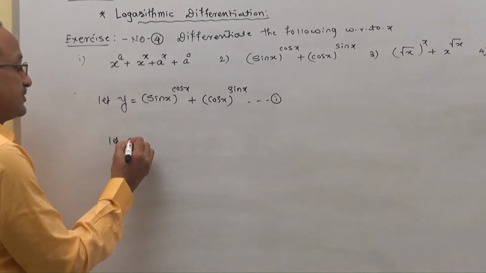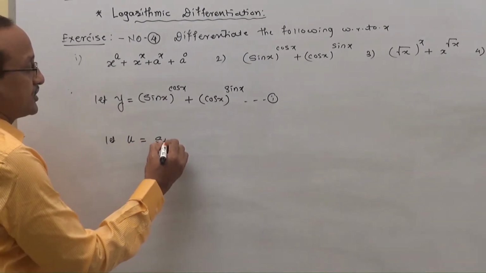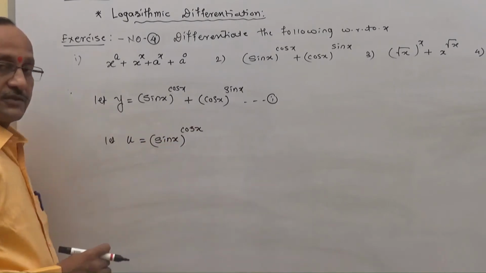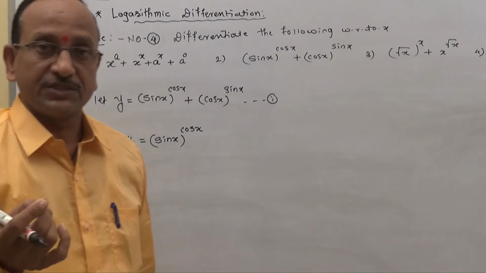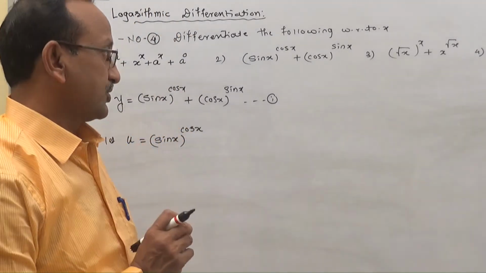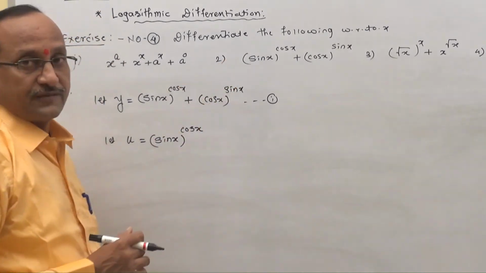So let u is equal to the function sin x raised to power cos x. When power raised to power is given, we apply logarithmic differentiation, and then it is easy to find the value.